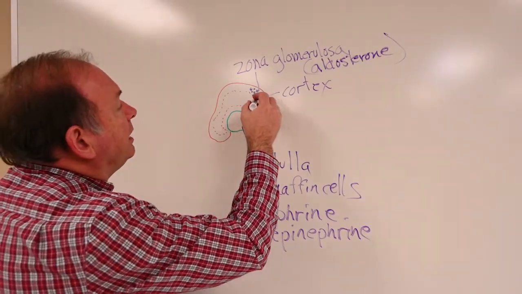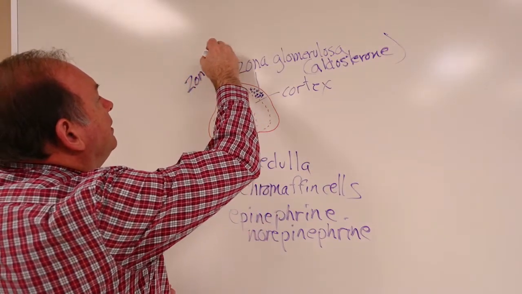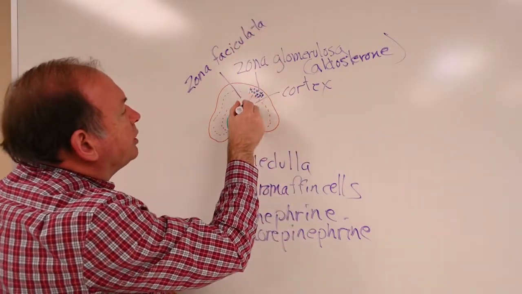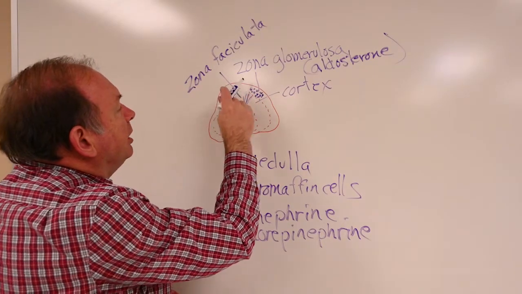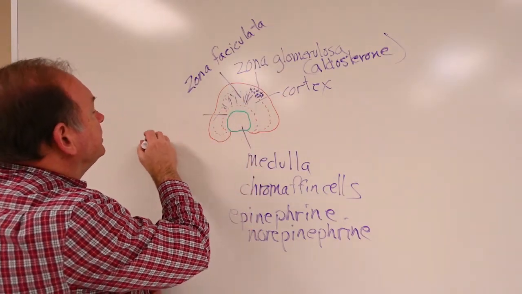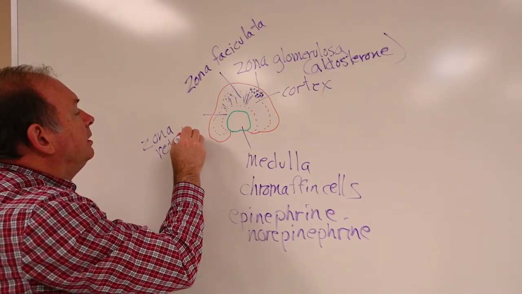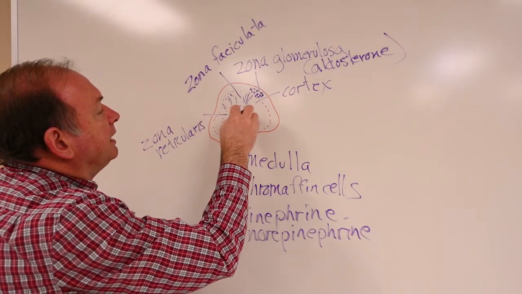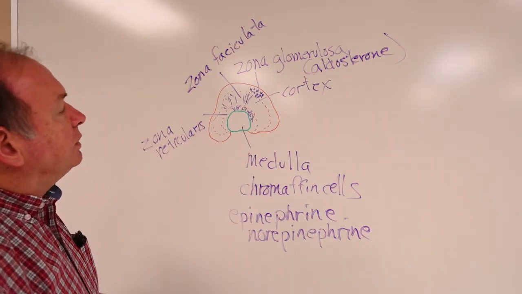The next zone, the second zone, zona fasciculata, has more straight-like clumps of cells that go longitudinally between the outer zona glomerulosa and the inner zona reticularis. In the reticularis, reticular means like a network, like interbranching strands of cells in that zone.